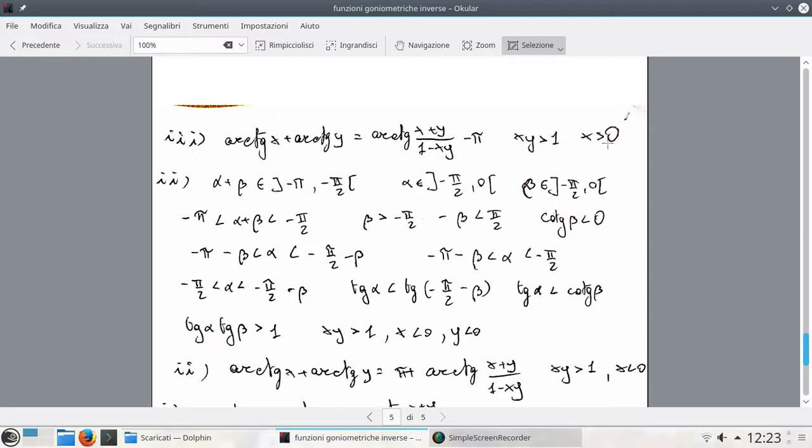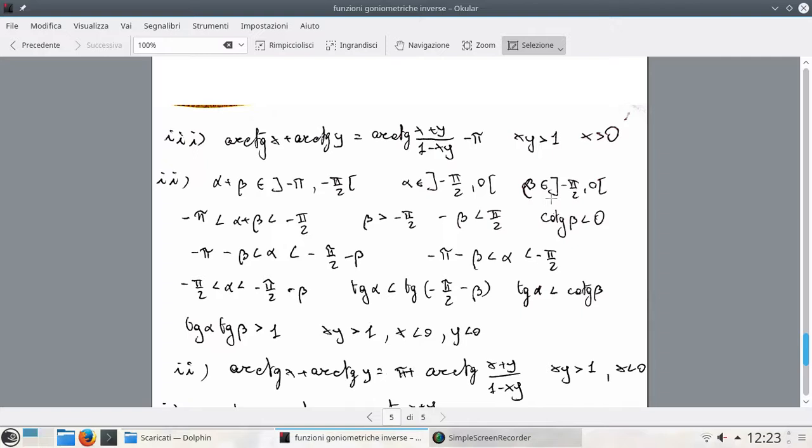Considering equation II, we have alpha plus beta belonging to minus pi, minus 1/2 of pi, and alpha and beta belonging to the same open interval, minus 1/2 of pi and 0.